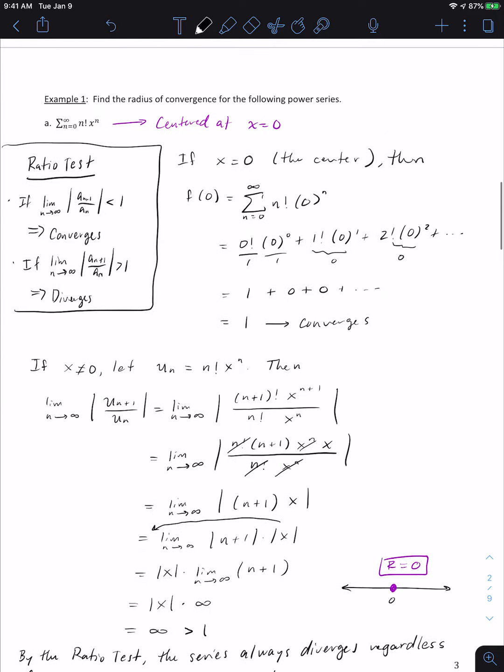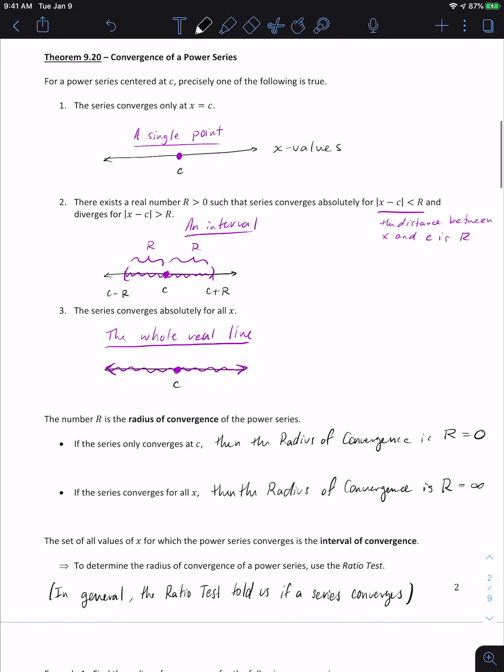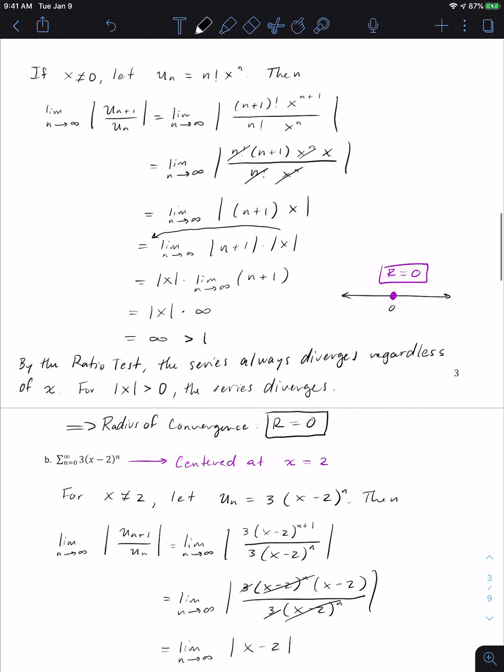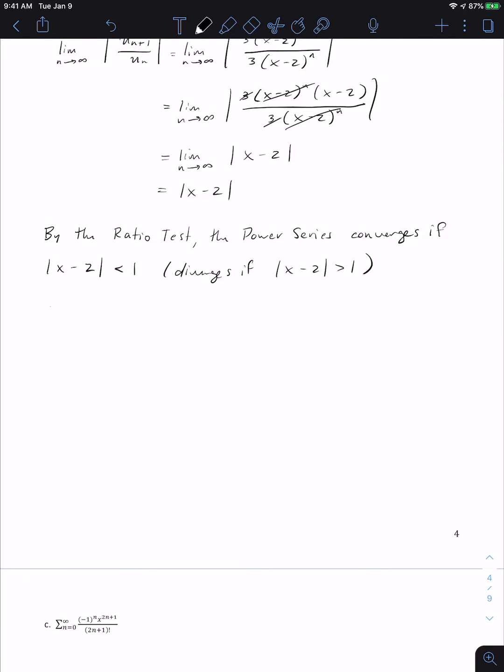Remember, looking back up at our cases, if I end up getting that the absolute value of x minus my center is less than some value, then that value is going to be my radius. So this means that my radius of convergence is r equals 1.